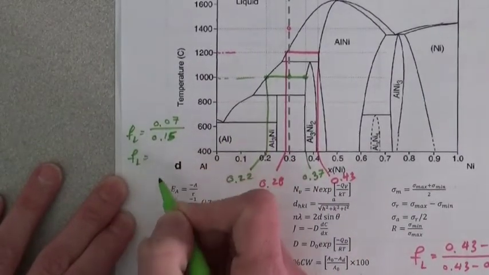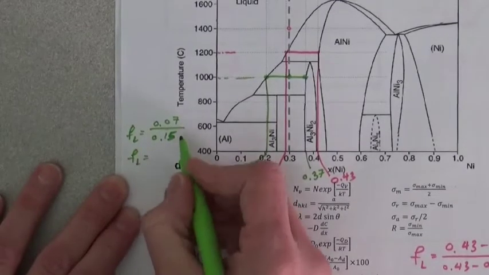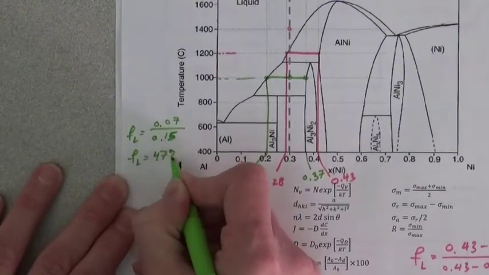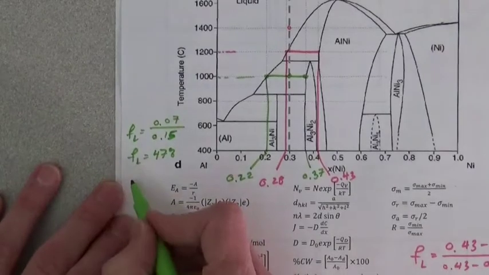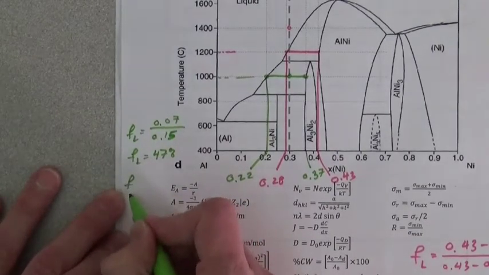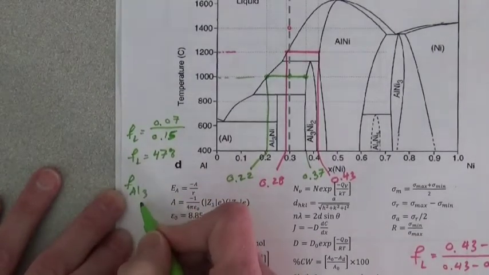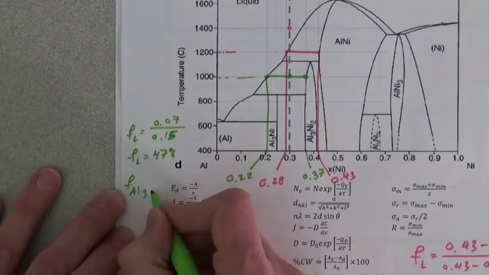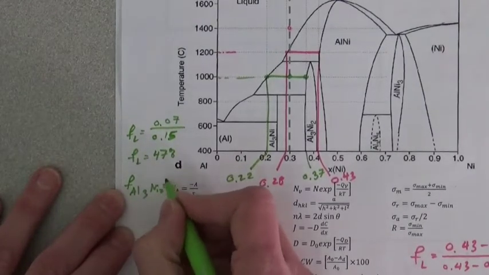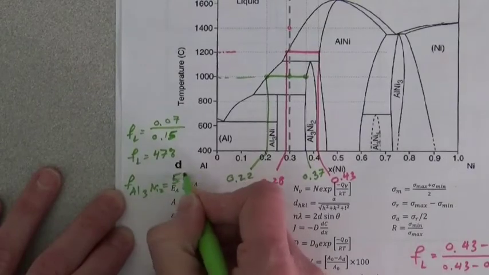Fraction of liquid is equal to 47%, which means the fraction of Al3Ni2 is equal to 53%.